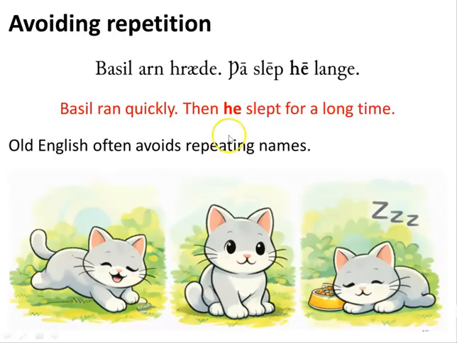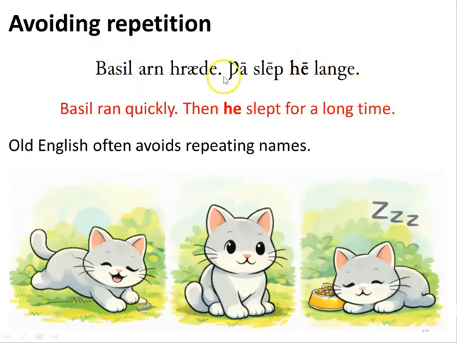All right. Now, avoiding repetitions. Basil Aaron Harade. Basil ran quickly. Thar sleep he longer. Then he slept for a long time. Now he is in the nominative. Basil is the subject here, referring back to the previous sentence, so it must be Basil.